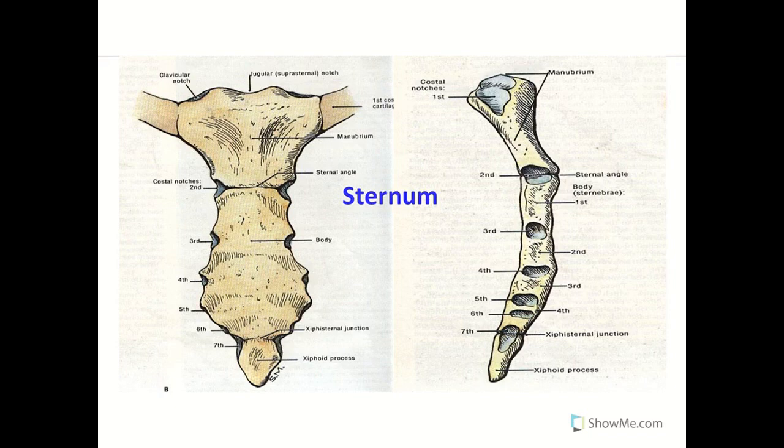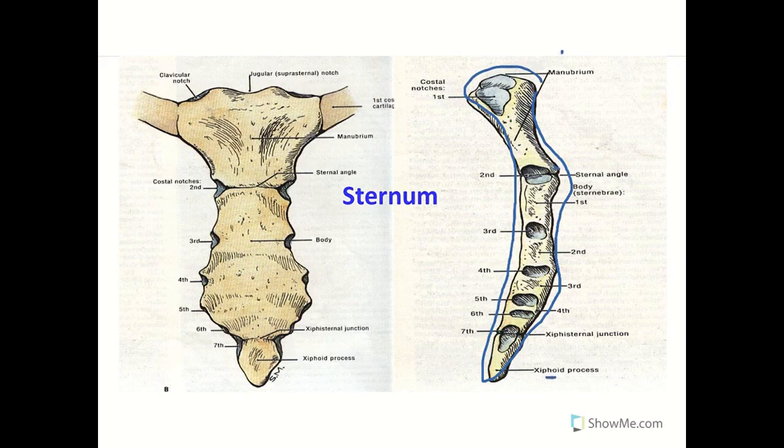And this is a side view of the sternum. This is the manubrium, and this is the body here, and the last piece is the xiphoid process, and this is the sternal angle.